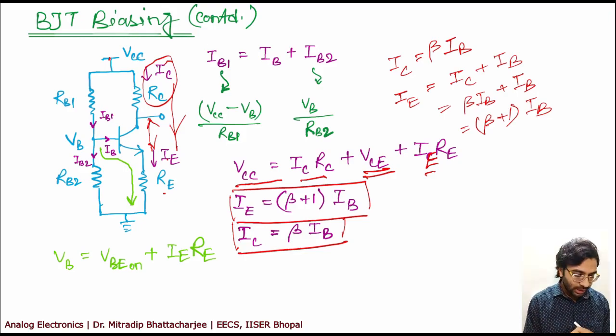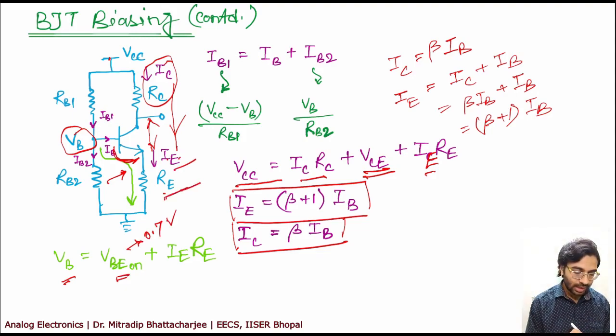Right? Now you take this path in the green color. So what you will find? You have VB equal to VBE on, the drop across this junction, which is typically 0.7 volt, and then IE into RE.